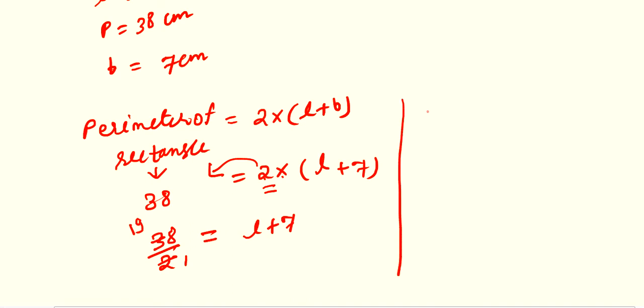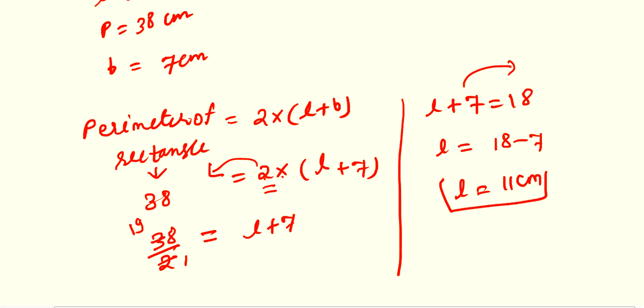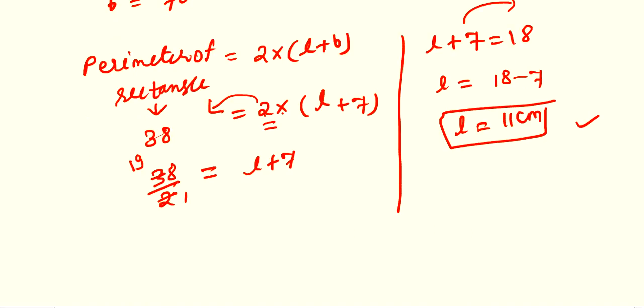Clear? So from there we get length plus 7 equals 18. Now length equals, transpose this 7 to the right hand side. So 18 minus 7, and in the end length is 11 centimeter. So this is your required answer.